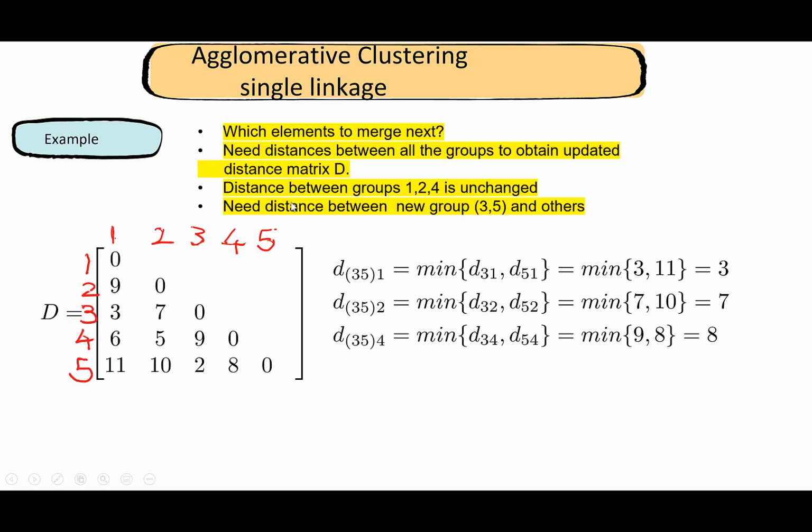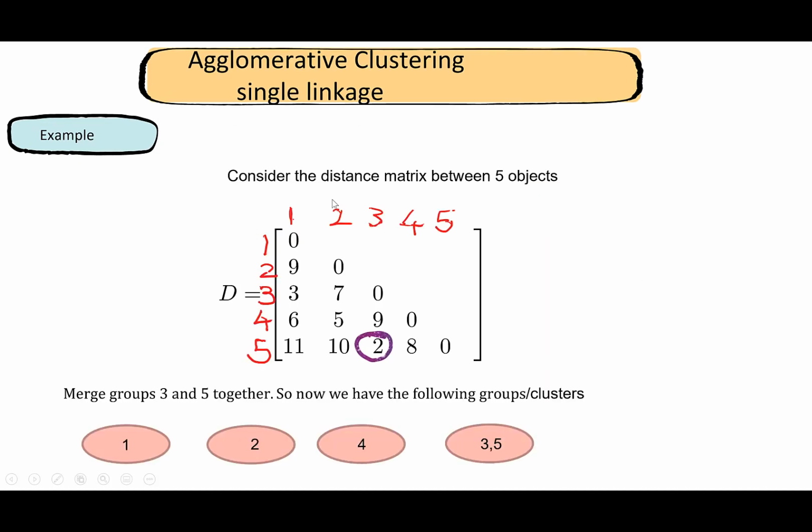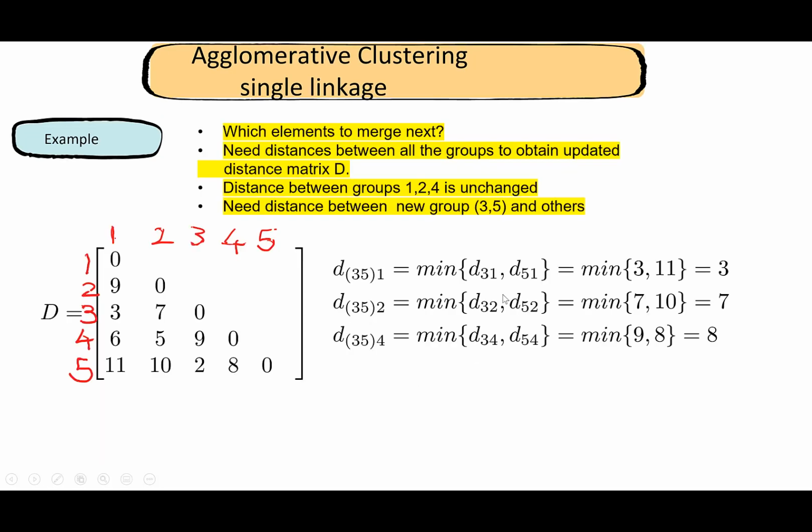The distances between groups 1, 2, and 4 are the same because we have not changed anything about them, but things have changed about 3 and 5. So we are going to calculate the distance between this new group 3 and 5 and the other groups 1, 2, and 4.